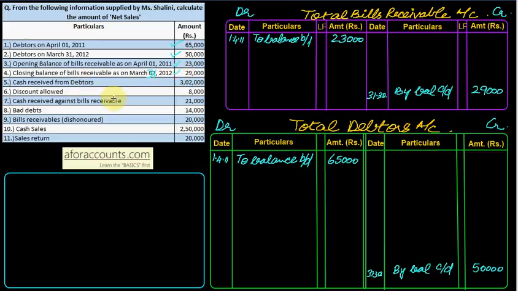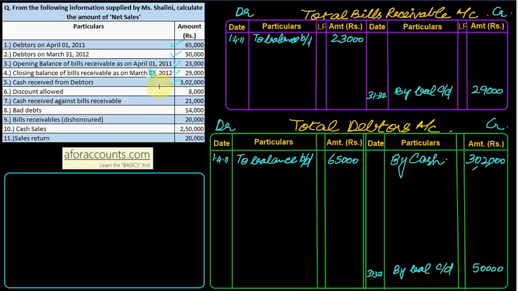Cash received from debtors. Now what will be the entry for cash received from debtors? Cash is coming in, so cash account debit to debtors. So it will be by cash, 3,02,000.